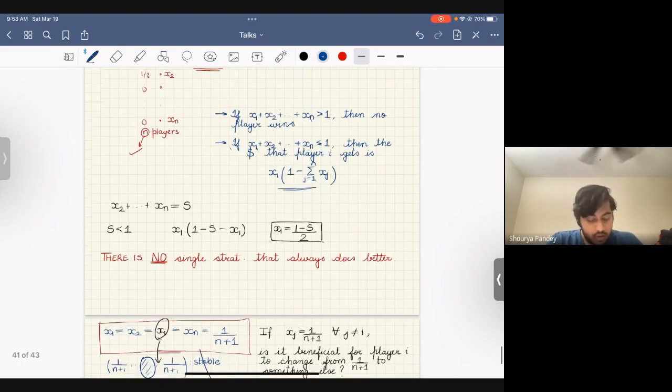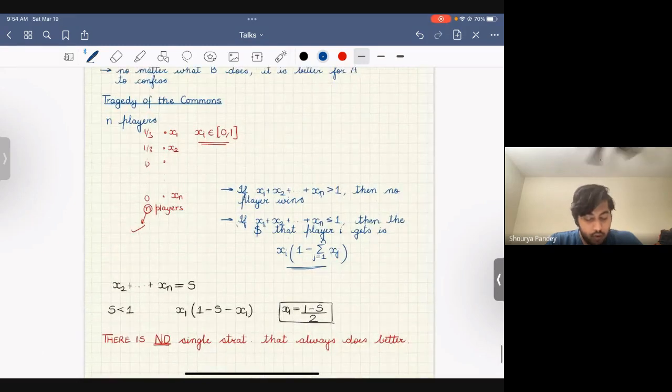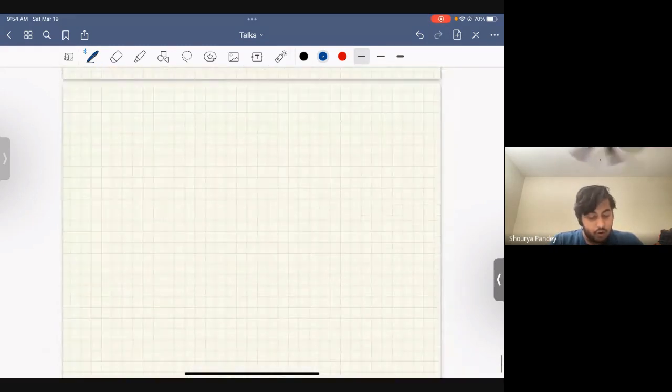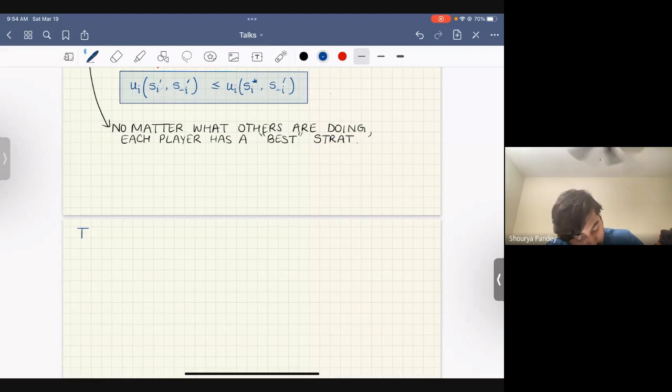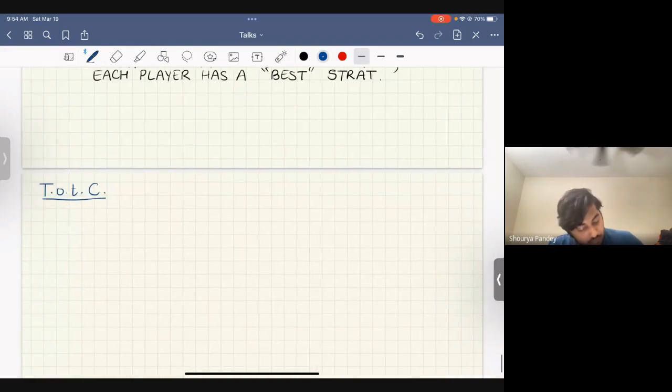Let's talk about the second problem, the tragedy of the commons. Suppose n equals 3, and suppose x1 and x2 are both 0. What is the best thing for x3 to do?